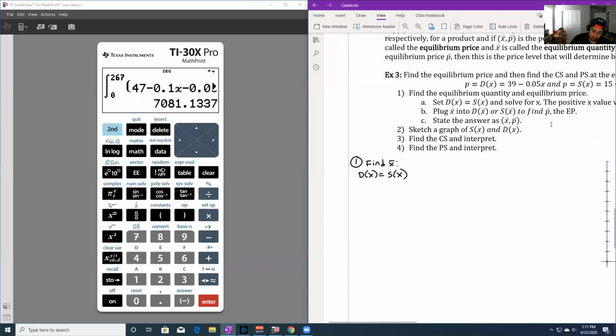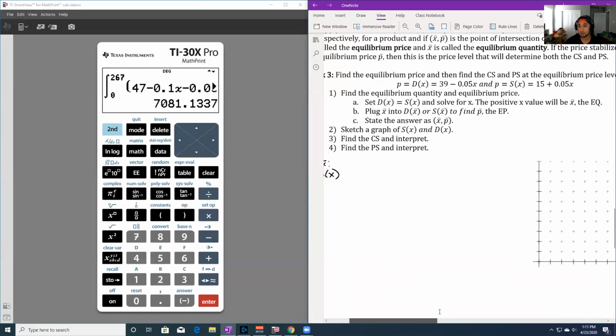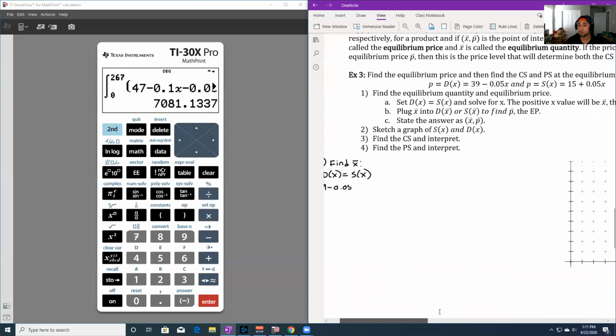D of X is 39 minus 0.05x, equal to, what is S of X? 15 plus 0.05x. Okay, perfect.